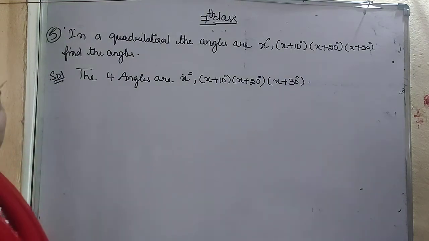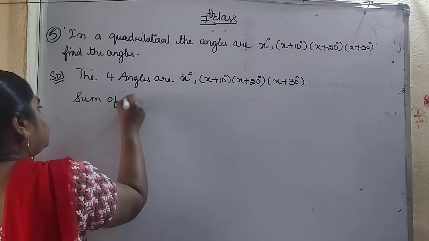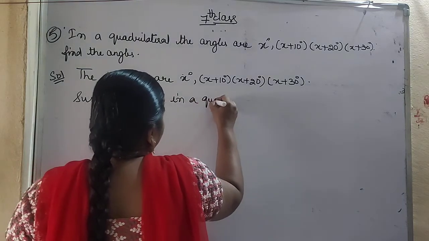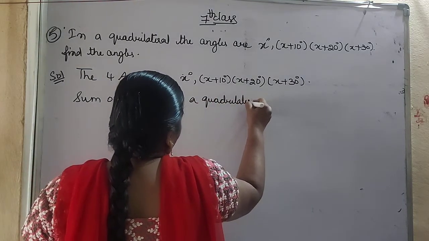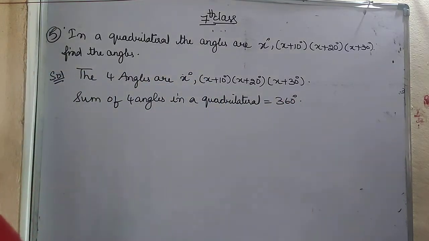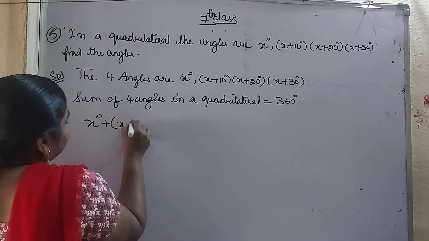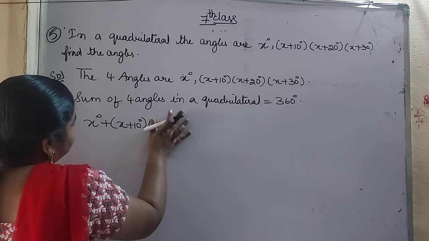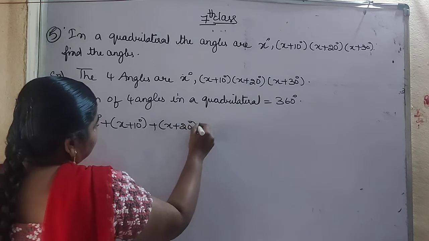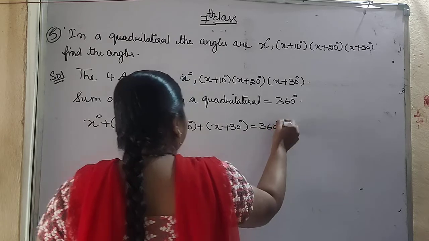We know that the sum of four angles in a quadrilateral will be 360. So the sum of four angles in a quadrilateral is how much? 360 degrees. So we have to add all the angles here, that is x degrees plus x plus 10 degrees plus x plus 20 degrees plus x plus 30 degrees will be equal to 360 degrees.